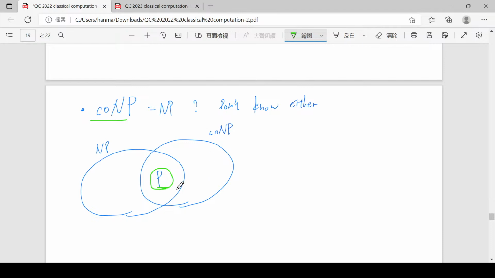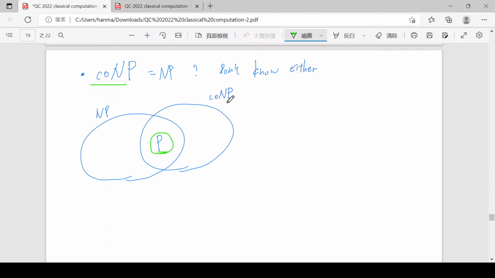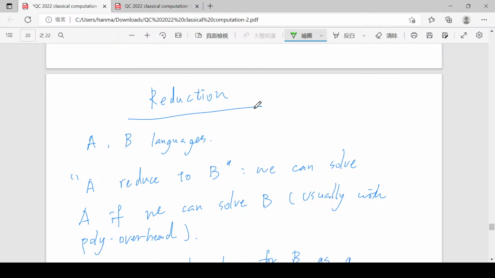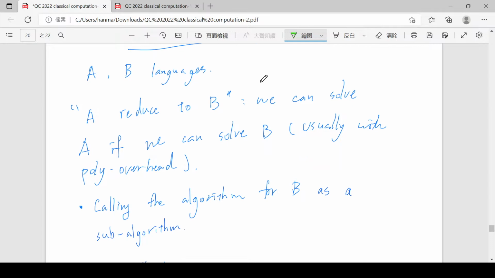So this is kind of funny, because whether all these classes are equal to each other is too hard. So what we do is we draw a picture of what we know about them. Anyway, so let's switch to reduction.